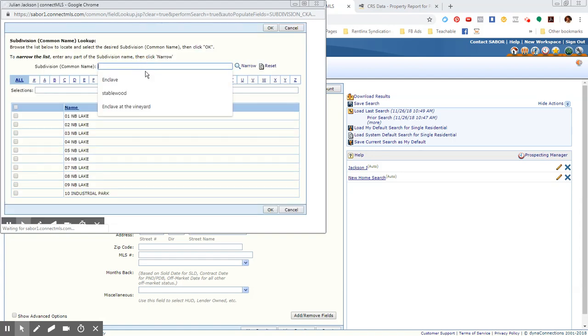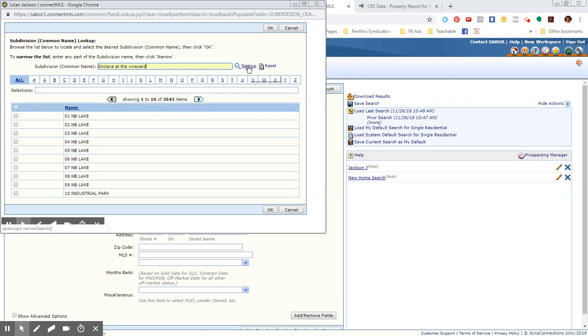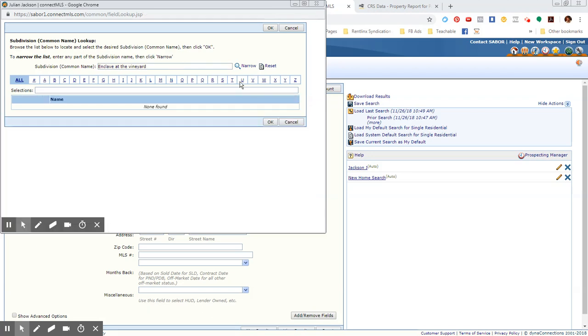Put the information here, Enclave at the Vineyard, narrow the search. So maybe just Enclave. Sometimes they have abbreviations, and if you don't put it in exactly that way, it's not going to come out with the right information. So let's see what happens here.